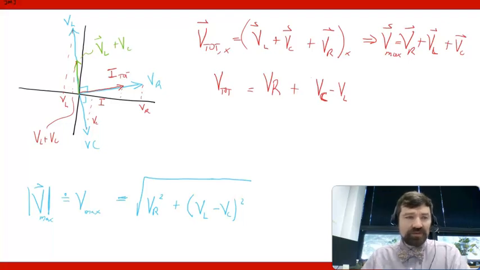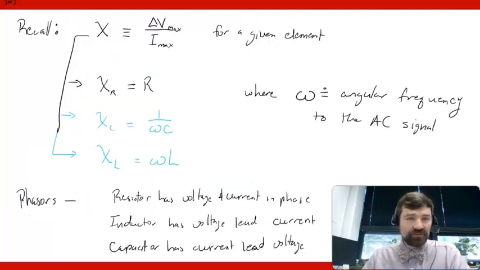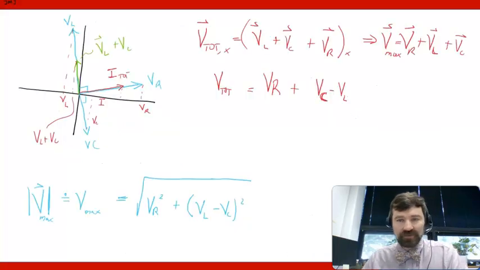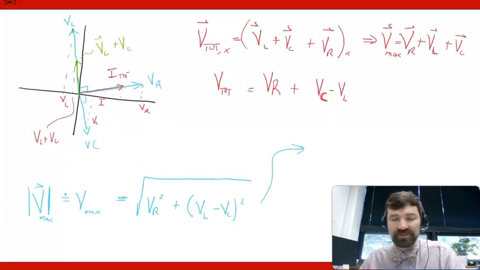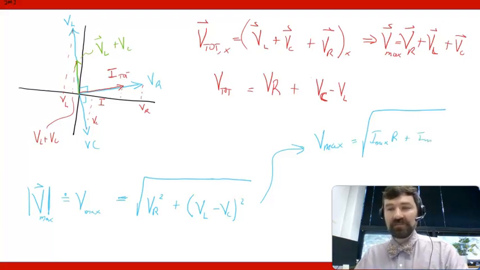Okay, but now we can invoke these, and we invoke these in such a way that we can say, therefore, Vmax is equal to essentially the square root of Imax times R squared plus Imax times chi L minus chi C squared.